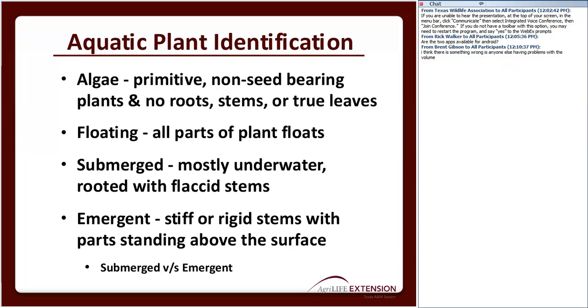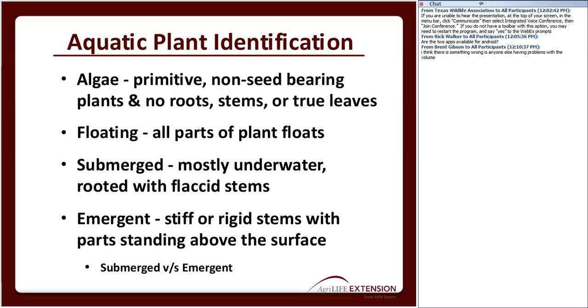And so emergent plants can actually be found standing several hundred yards away from a pond. As long as the soil is moist enough, they'll survive. Or they can be found completely submerged under the water.